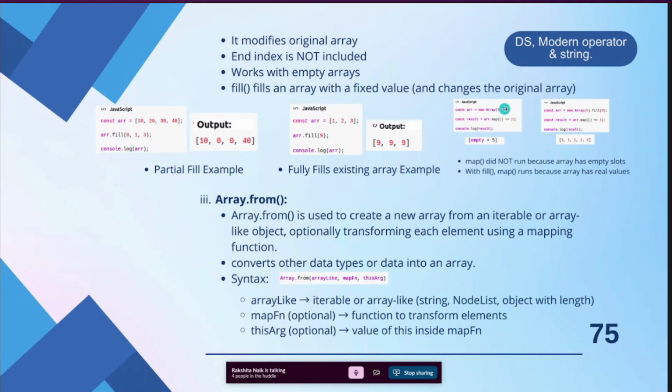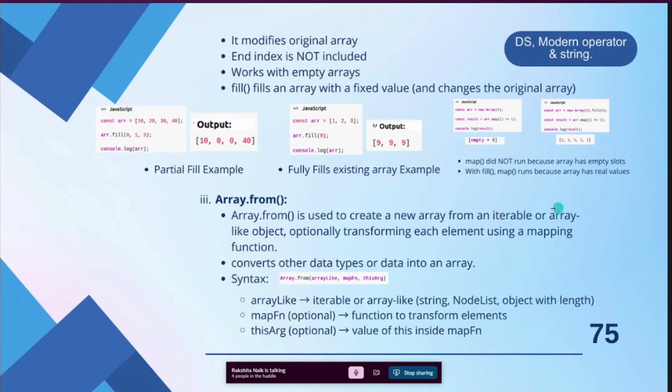I'm telling it to add 1 for each element, but it is ignoring and giving an empty array only. But in the case of fill, it creates an empty array, then fills it with 00000. Then I'm telling it to map and transform everything into 1, so I'm getting output 11111.